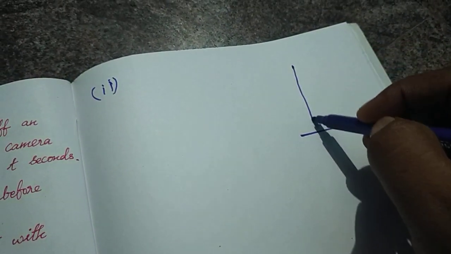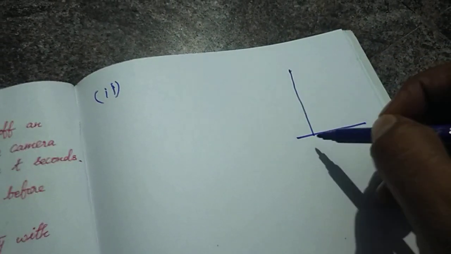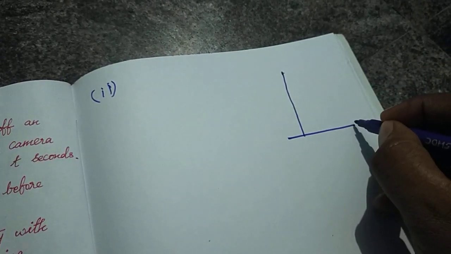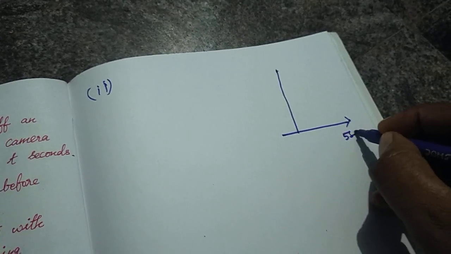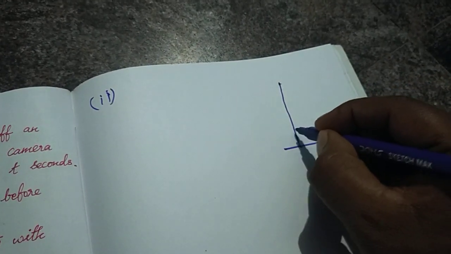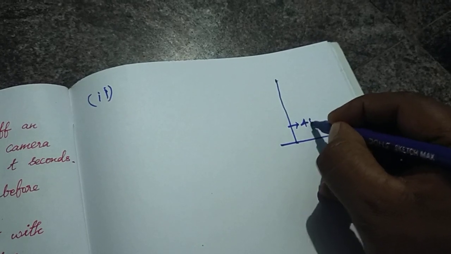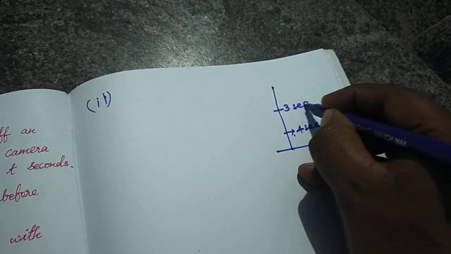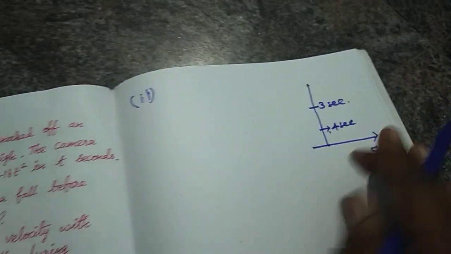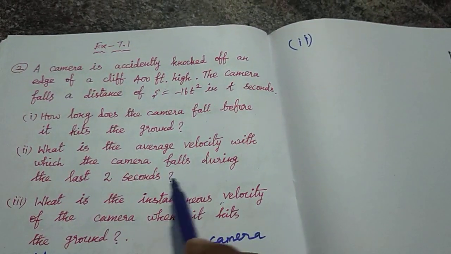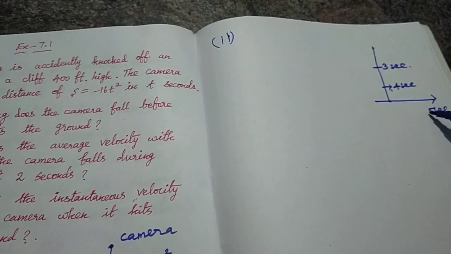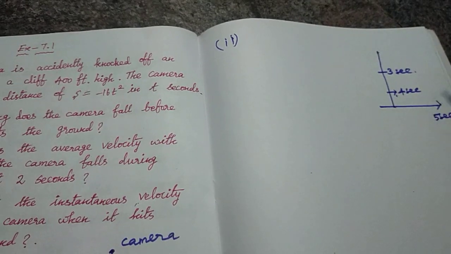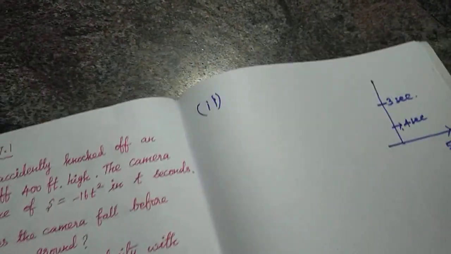The camera takes 5 seconds to hit the ground. From 5 seconds to 4 seconds, 1 unit. 4 seconds to 3 seconds, 2 units. Can you understand, children? Last 2 seconds means 5 to 4, 4 to 3. So from 3 to 5 we are going to calculate the average velocity.